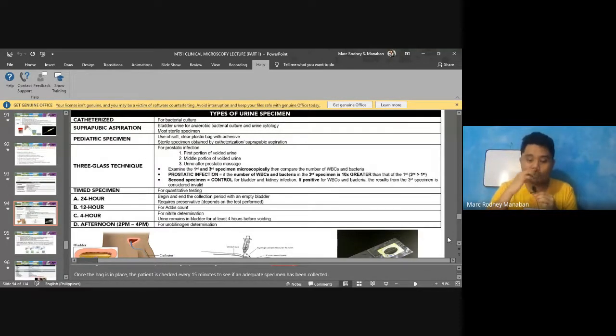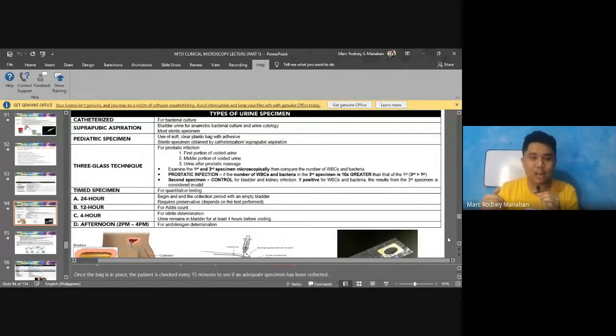Of course, the first portion of the voided urine will represent urethral infection if present, and the midstream is for bladder infection if present. Now for prostatic infection, you examine the first and third. If the number of WBCs is higher in the third specimen, which contains the prostatic secretions, that could indicate a prostatic infection.